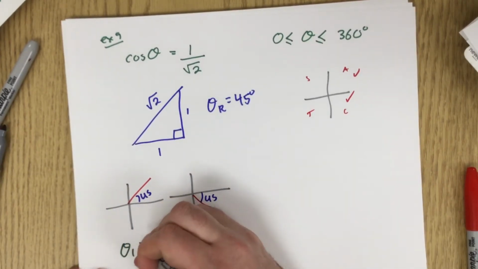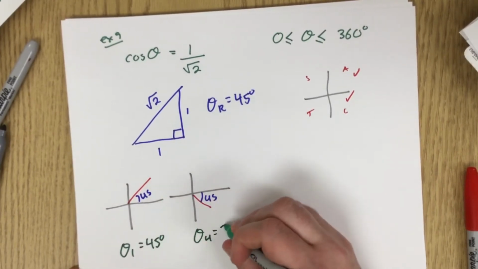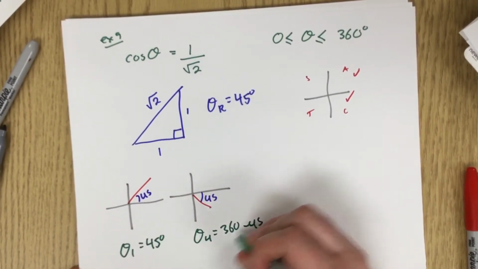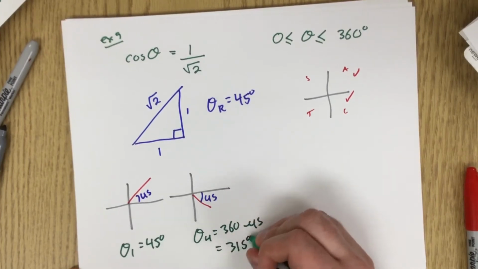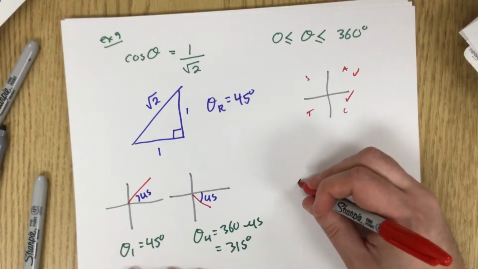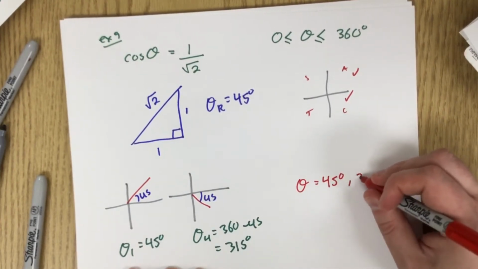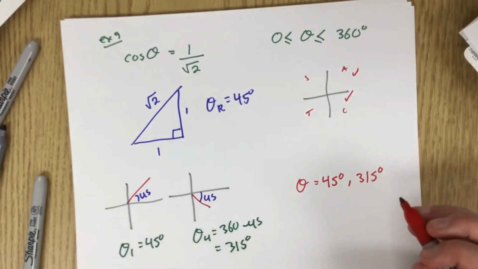And so our answer in the first quadrant is going to be 45 degrees. Our answer in the fourth quadrant is going to be 360 minus 45, which is 315. And so the answer is that theta is 45 degrees or 315 degrees.